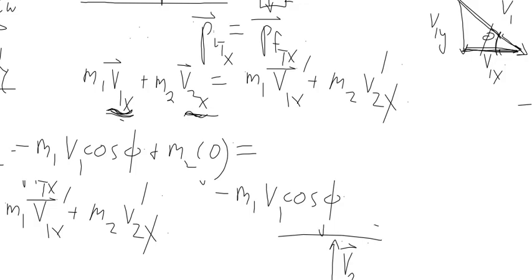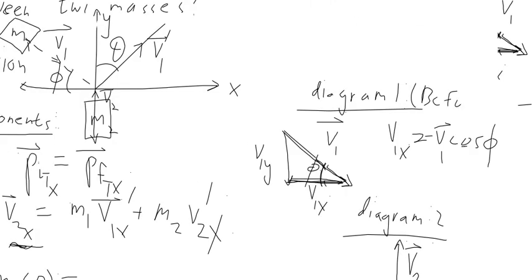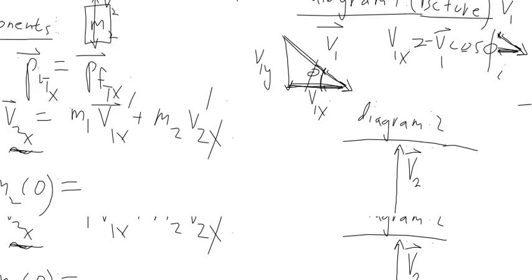Now if you look at the right-hand side, the v1x prime, we need to figure out what that expression is, and we need to make a correct diagram. Diagram 1 that we did was for before, corresponding to mass m1. Diagram 2 corresponds to mass m2.